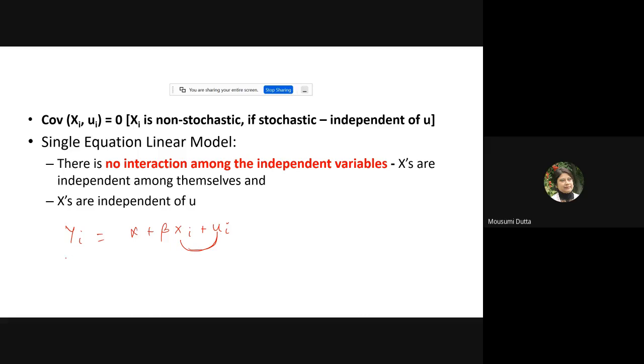However, the model can be extended as yi is equal to beta naught plus beta 1 x1i plus beta 2 x2i plus beta 3 x3i and so on, beta k xki plus ui, for all i equal to 1 to n.